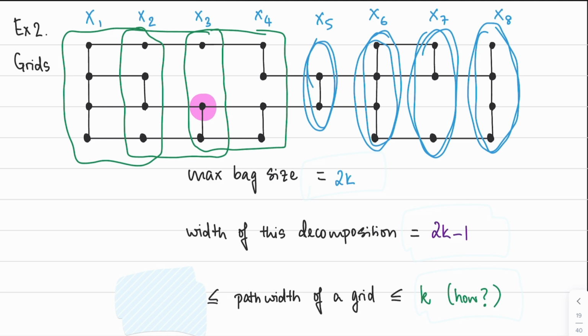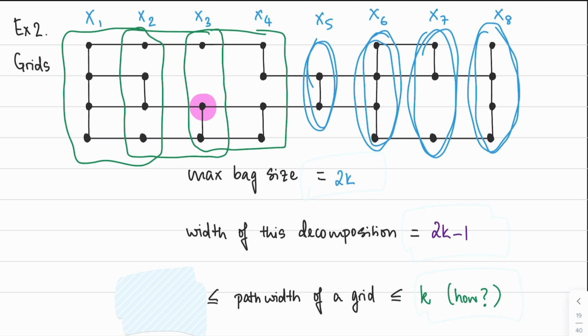So you're allowed to have bag sizes up to k plus 1, and it turns out that that more or less saves you. So you can still start with every column being a bag, but then you can slowly transition from one column to the next one by adding one vertex at a time, and then possibly also dropping one vertex as your bags threaten to get too big.